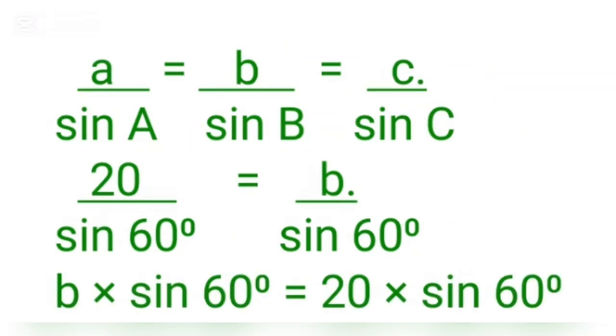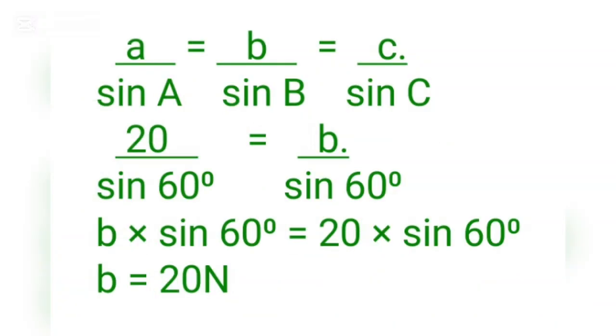When we cross multiply, we have B sine 60 degrees is equal to 20 sine 60 degrees. We divide both sides by sine 60 degrees. We will now have B is equal to 20 Newton. If B is 20 Newton, definitely C will also be 20 Newton.